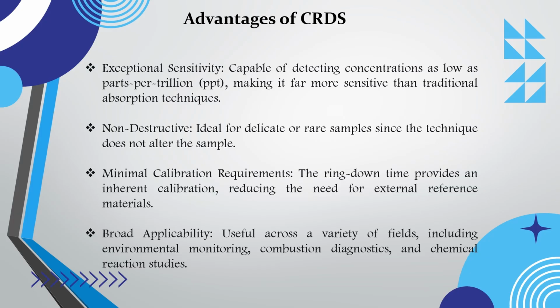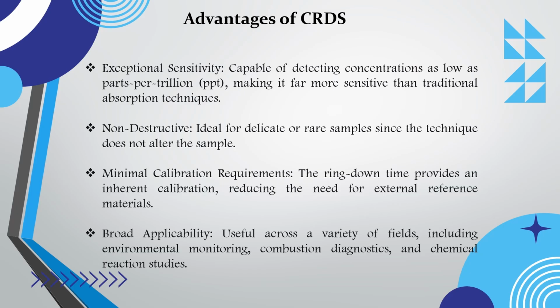Advantages of CRDS. Talking about advantages, first is exceptional sensitivity. CRDS is capable of detecting concentration as low as ppt, that is parts per trillion, making it far more sensitive than any other absorption technique. Second is non-destructive. It is ideal for delicate or rare samples.